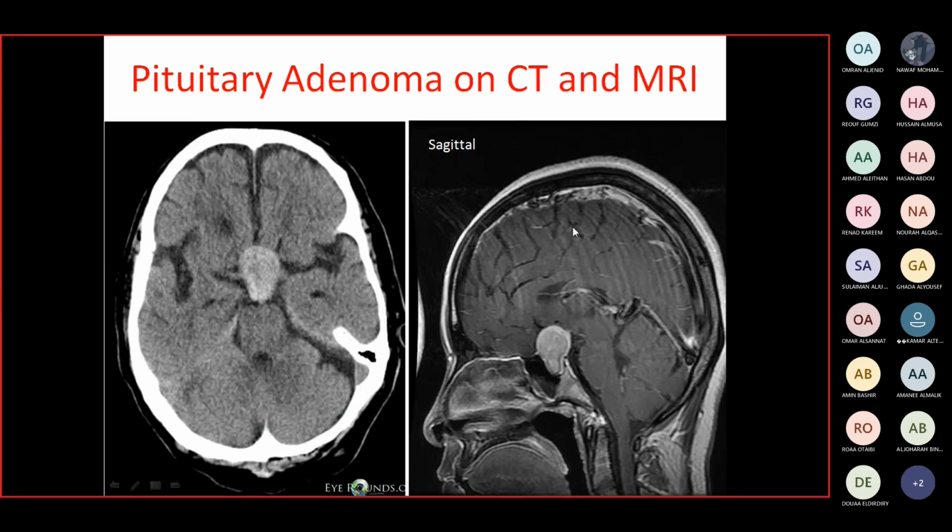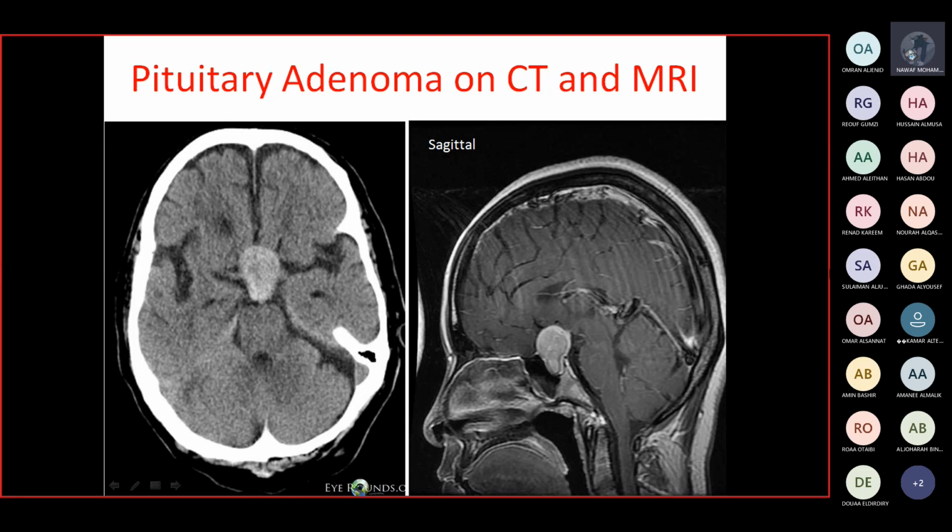So what is this imaging modality? This is MRI with contrast. What is the plane or the section? Sagittal view. This is a sagittal view. Now, what is this? So, pituitary gland, but abnormal.